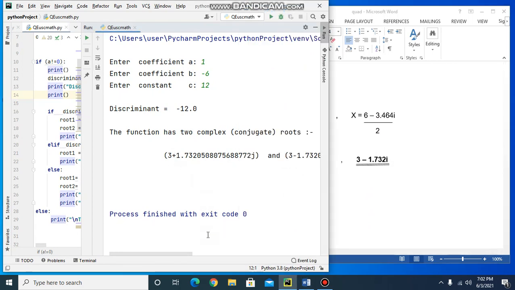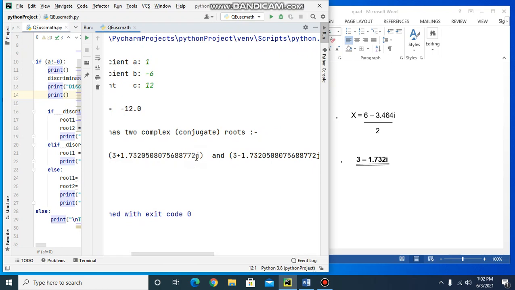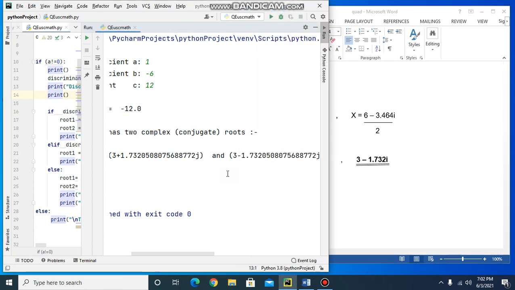So here we are getting 3 plus 1.732j and 3 minus 1.732j. Here in the example, we are rounding off after 3 decimals.